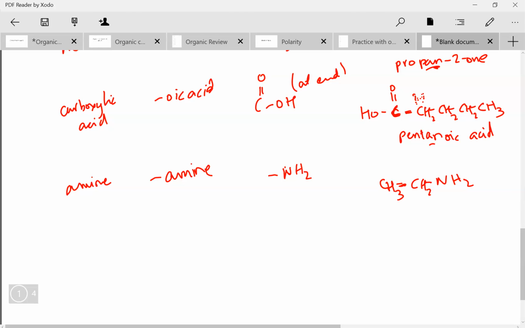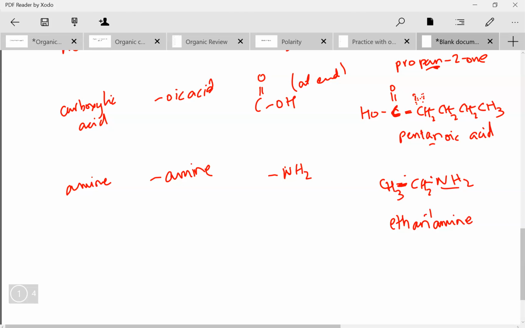This carbon had 2 bonds, so we put 2 hydrogens because the total hydrogens plus bonds always have to add up to 4. So this would be eth because there's 2 carbons, an because there's single bonds between the carbons, and the ending of amine because there's an NH2.